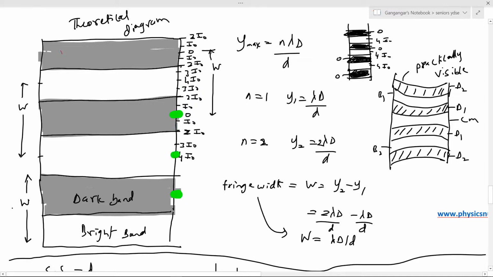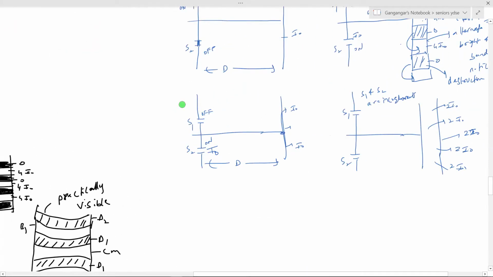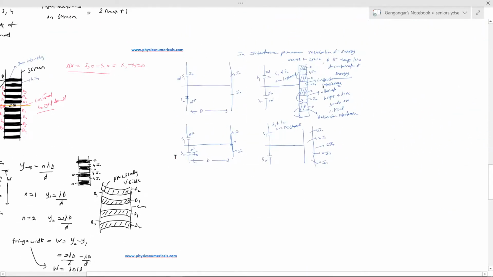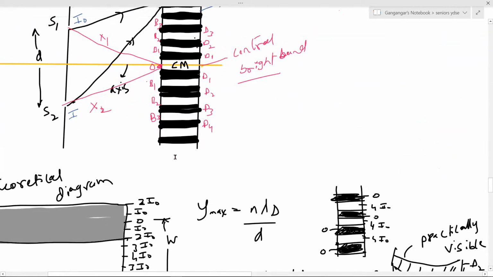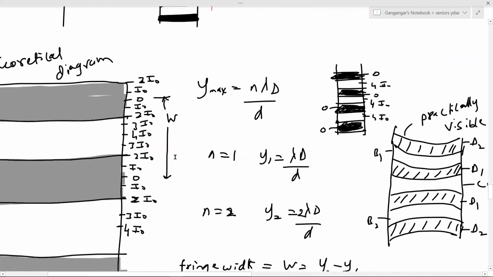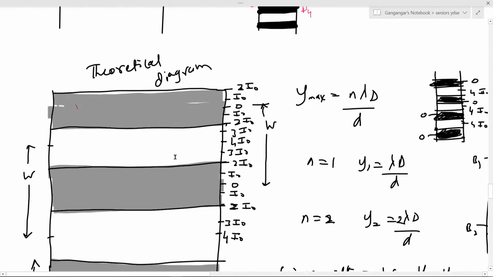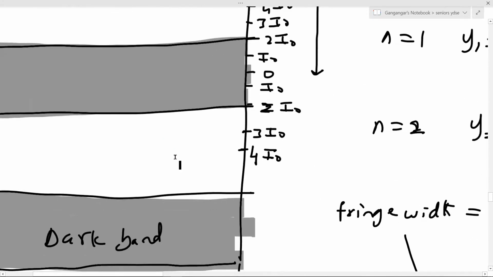And as you move from bright band to dark band, the intensity goes from 4 I naught, 3 I naught, 2 I naught, and 0. Again, as you move from center of the dark band, okay, this was the diagram. Yeah, well, once again.